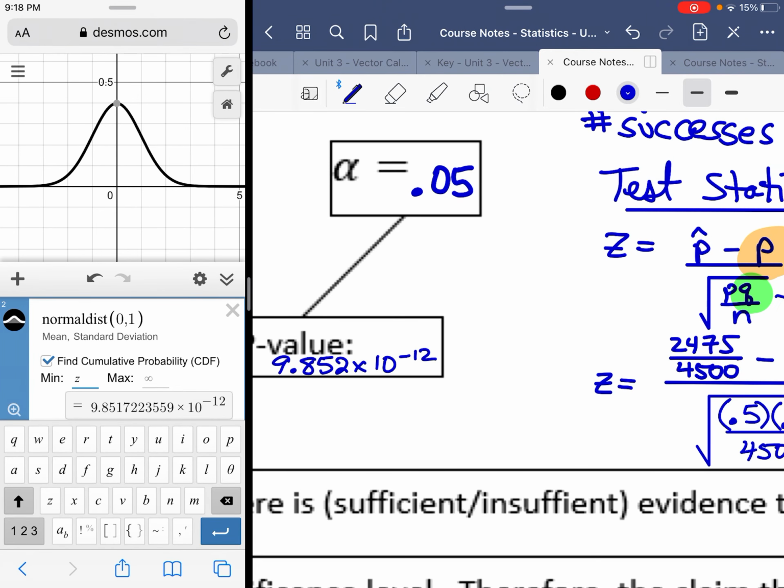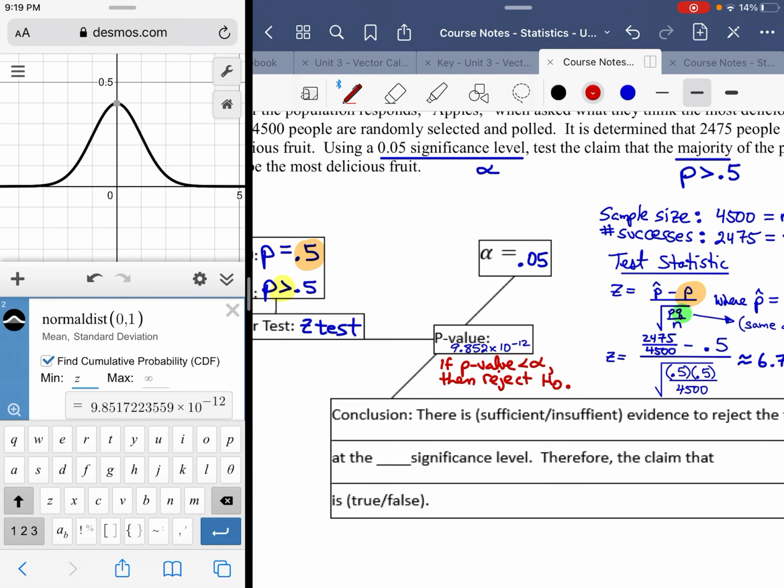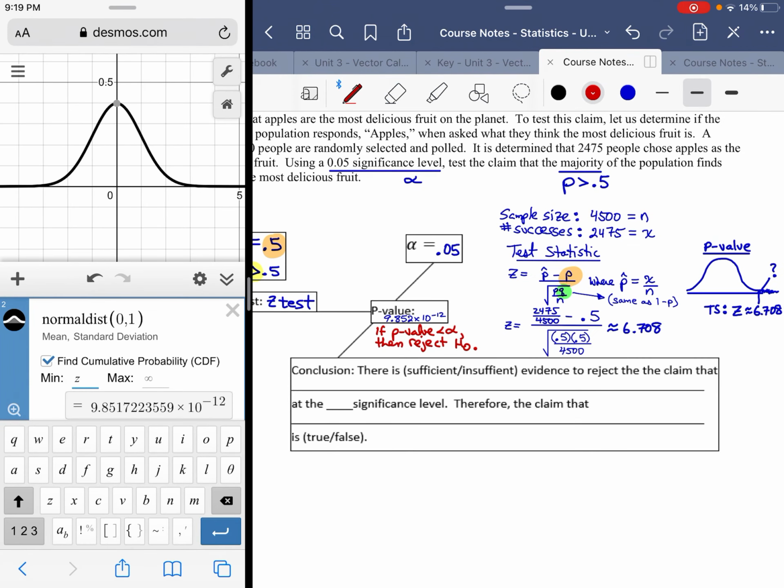If the p-value is less than alpha, I'll jot that down here: if p-value is less than alpha, then reject the null hypothesis.